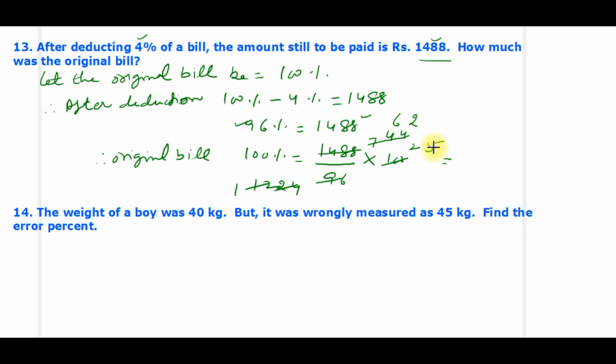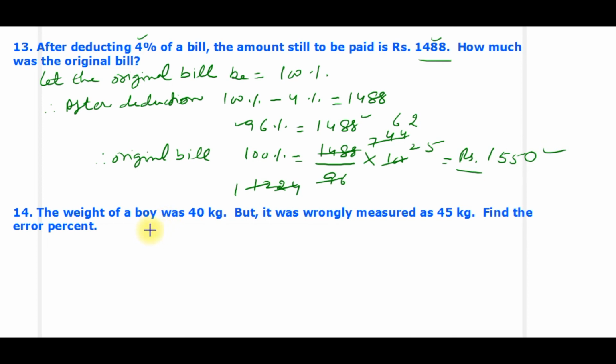So we will multiply 62 by 25. 25 2s are 50, 25 6s are 150 plus 5, 155. This would be the original bill.